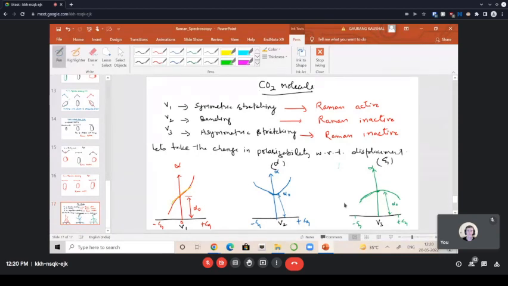And if you draw the slope in the second picture, you will see that at that point there is a very small slope. Similarly here, the slope is very small or nearly zero actually.